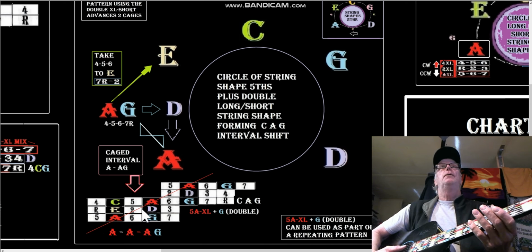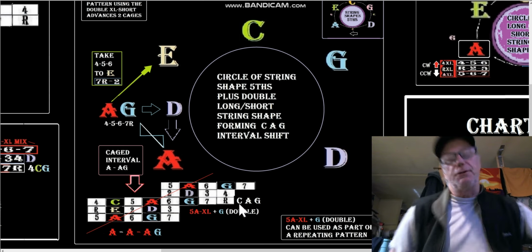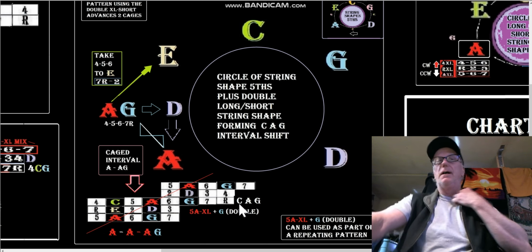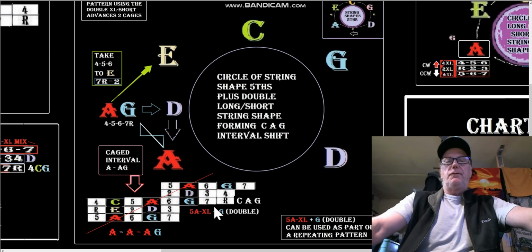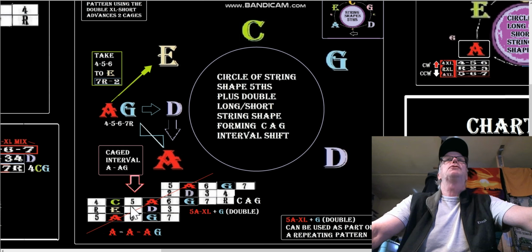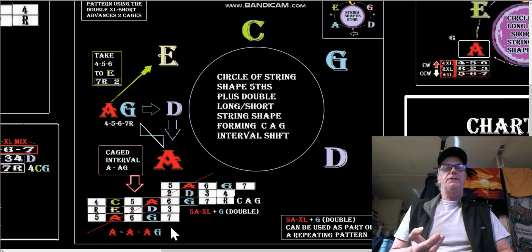Now this particular drawing has some options here, and in today's chart that I made, I have basically a roadmap that gives us all of those options, but right now this is just one of these options. And that option is either a fifth interval or a caged interval.